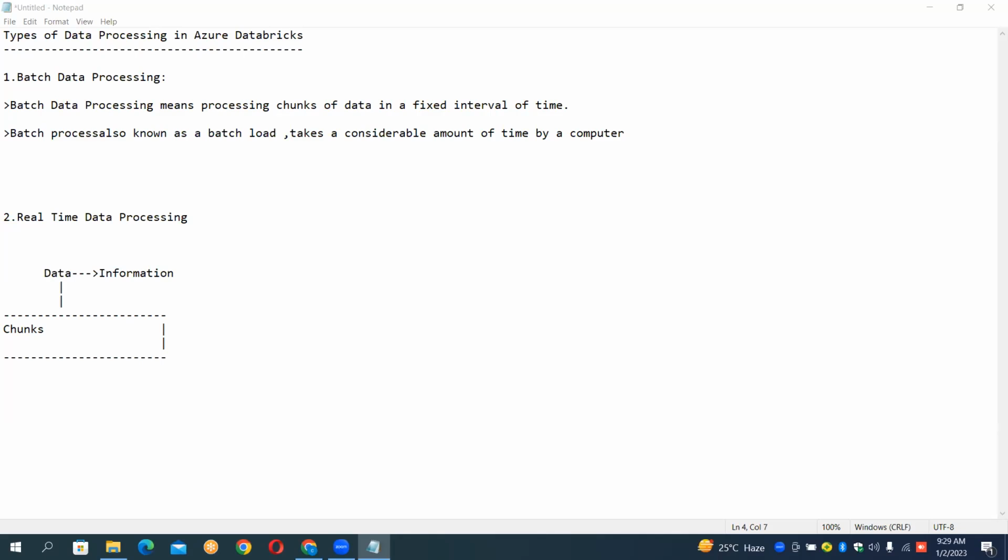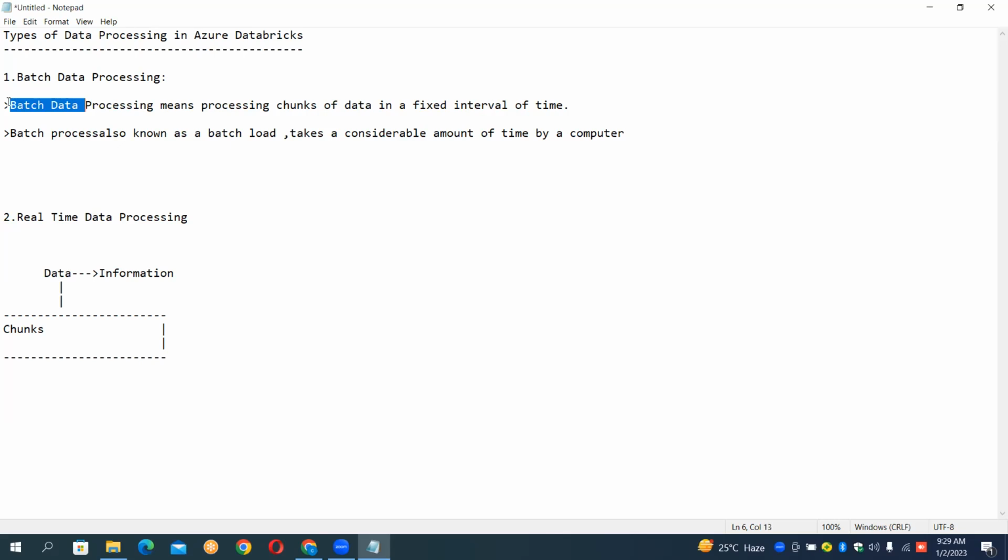The data comes in, and immediately we process it. That is called real time. Batch data is the data already available in some system, some historic data.